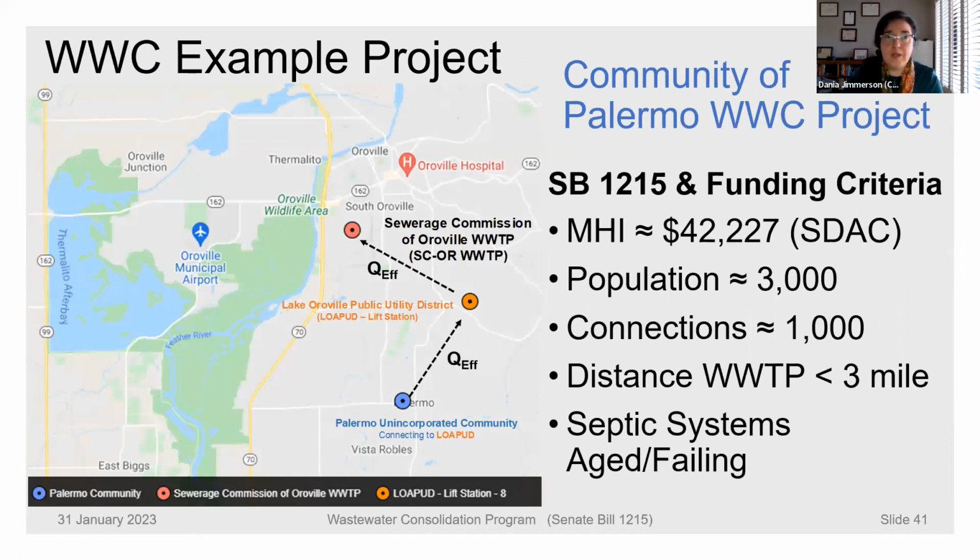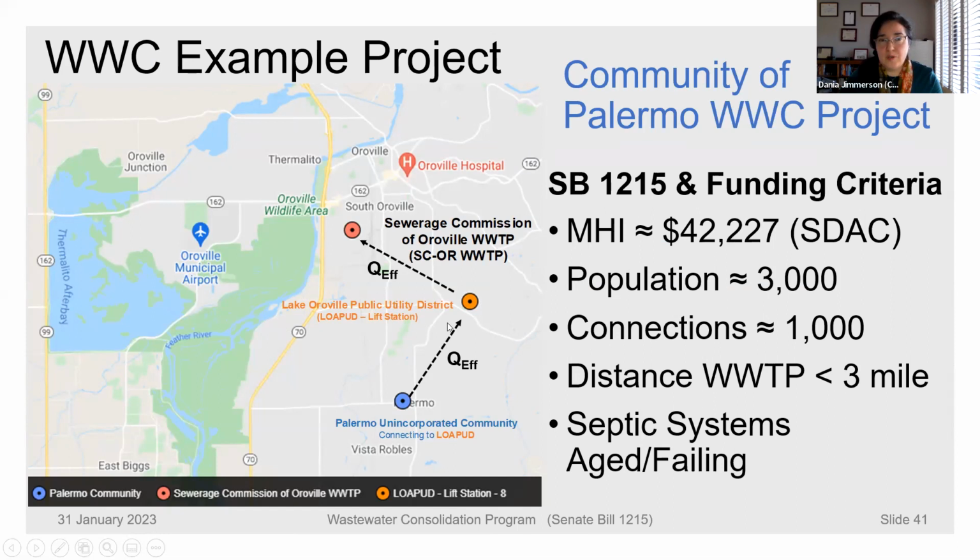This is another example, and this is strictly wastewater consolidation, meaning the community of Palermo, located in Butte County. They have a population of about 3,000, and we are talking about 1,000 connections. And for this project, the sewer service provider, which is Lake Oroville Public Utility District, is doing all the application process and everything.